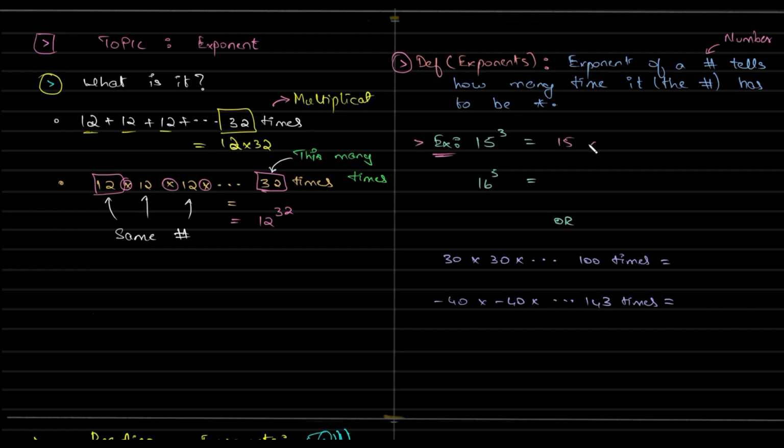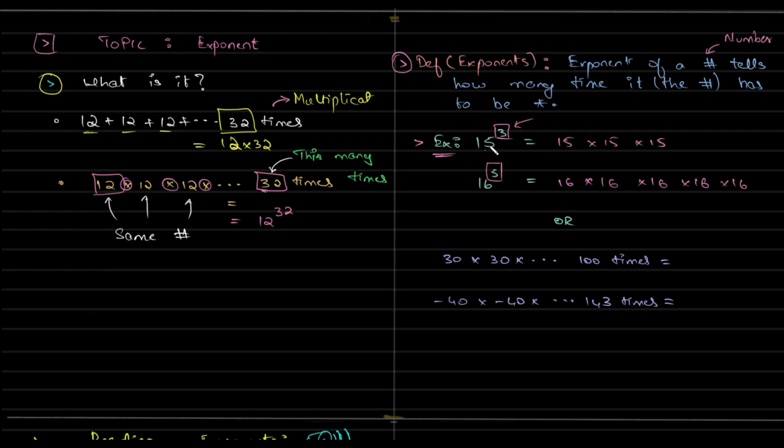It is nothing but 15 into 15 into 15. 16 to the power of 5 is 16 into 16 into 16 into 16 into 16. Okay, 15 and I have written 3 over here, 16 I have written 5 over here. So it tells that 15 has to be multiplied repeatedly with itself 3 times.